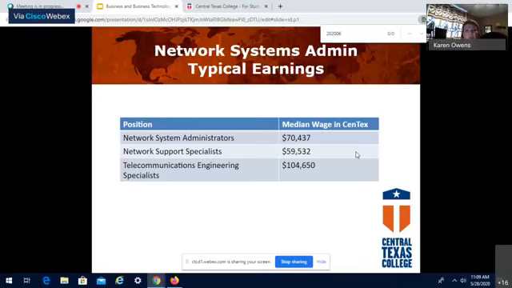Now, this program does not qualify for financial aid. The Office of Systems Architecture, the OSA, identifies the strategic information technology resources needed to support the business processes and the operations.